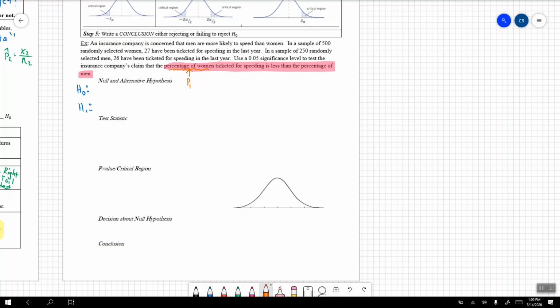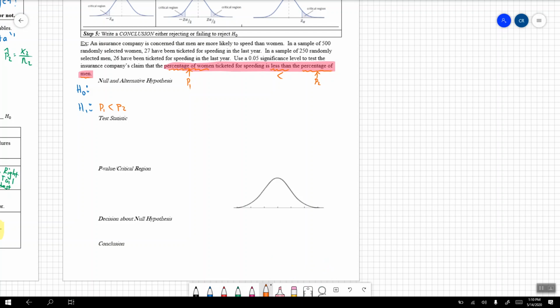P1 is less than, this part is going to be the inequality, the percentage of men. The percentage of men in this case, I'm going to identify as P2. So naturally, my alternative hypothesis now becomes that P1 must be less than P2.